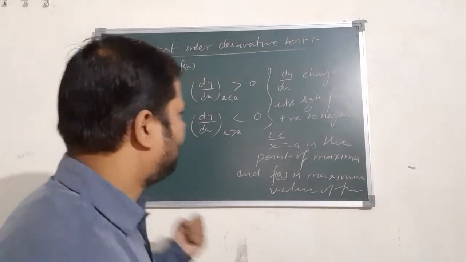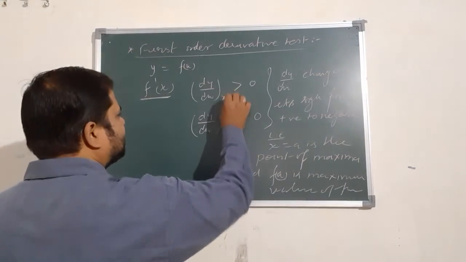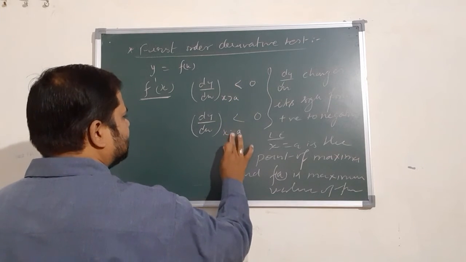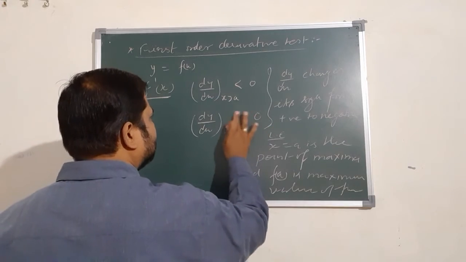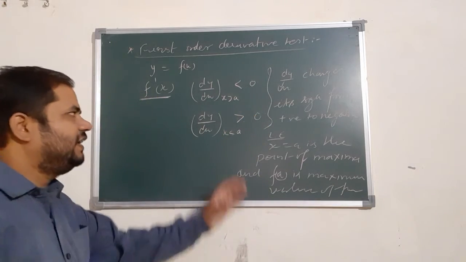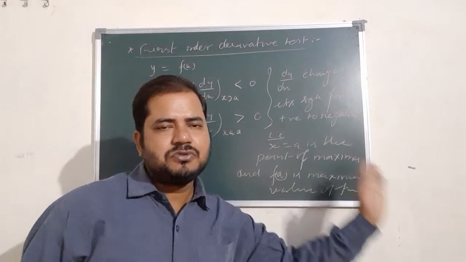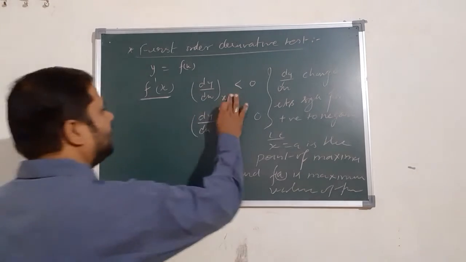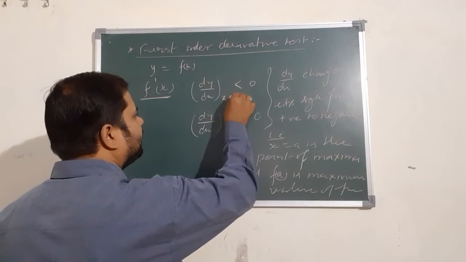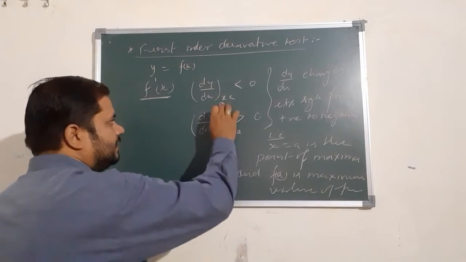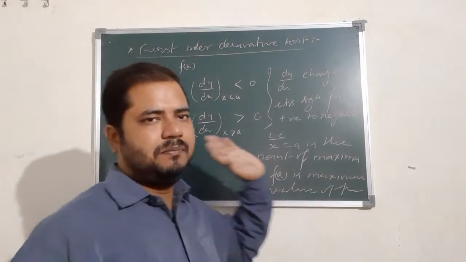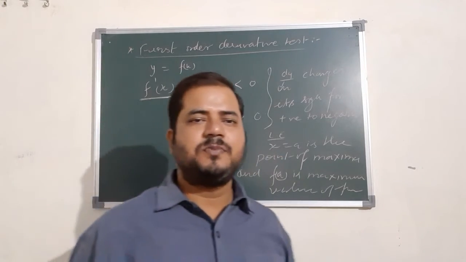And for minima, what is it? For minima, for x greater than a, this is less than 0, and for x less than a, it is greater than 0. What do you see? Left to the point, it is negative, and right to the point, it is positive.